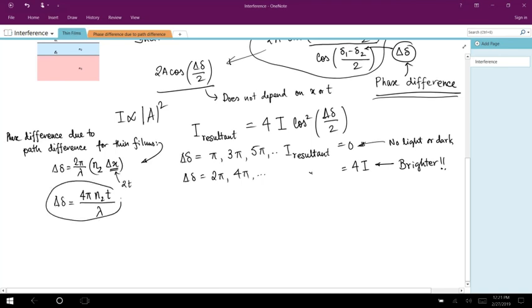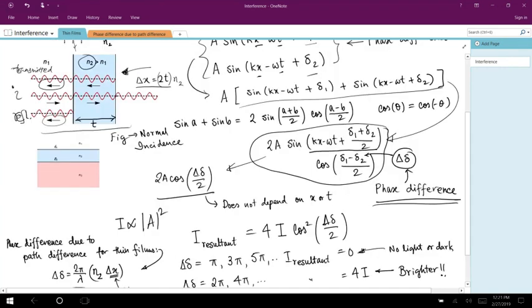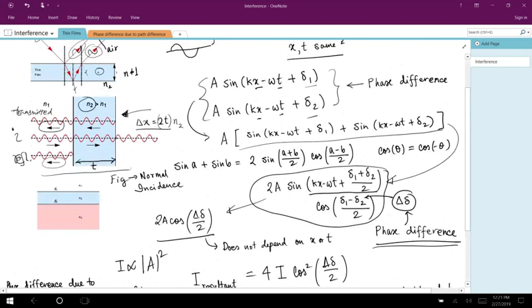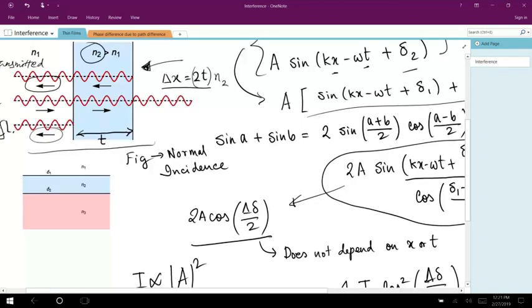And what is this N2? N2 is the refractive index of the material of the thin film. And that's the idea for path difference causing phase difference in thin films. Okay, but this is not enough to deal with our current situation.